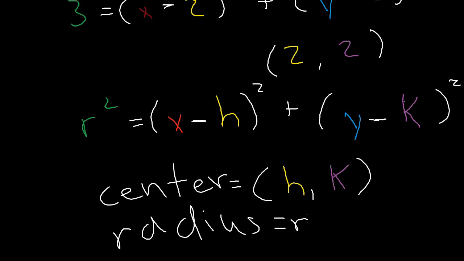Now I hope you learned something from this, and as a challenge, I challenge you to find out how this relates to the equation of an ellipse, which is basically an oval.